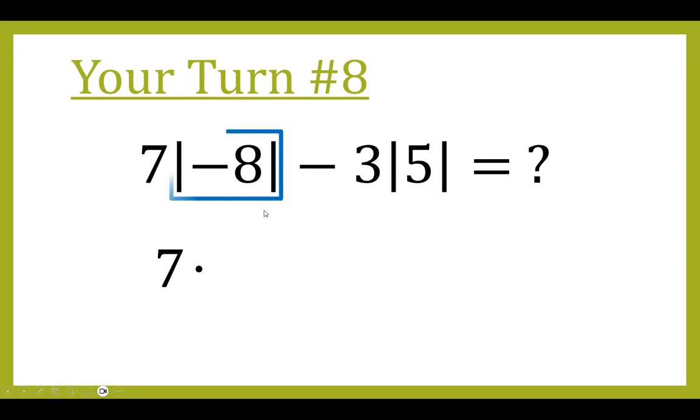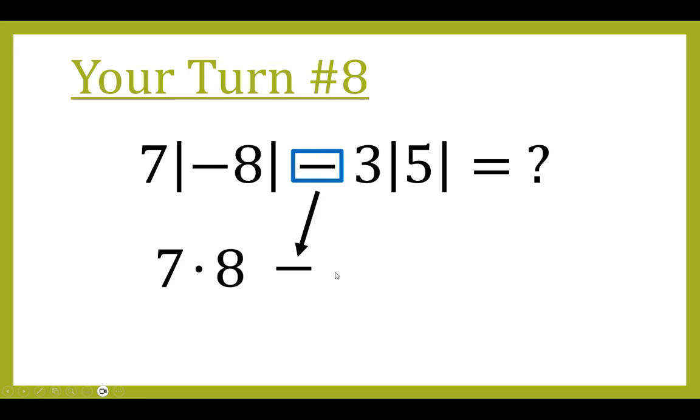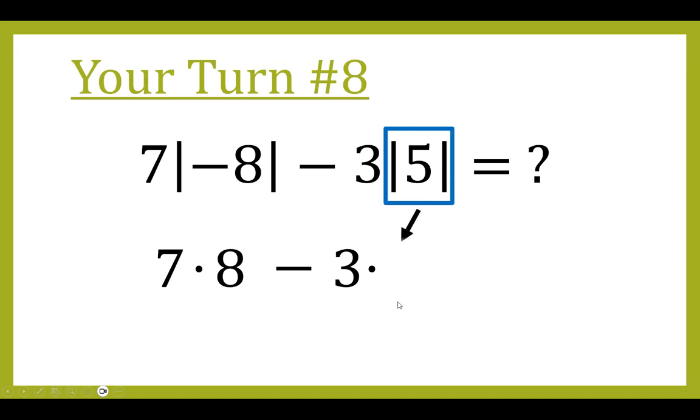So absolute value of -8, I know is positive 8. I'm going to bring down this minus. Okay, and then I am going to also bring down my 3. So this is 3 being multiplied by the absolute value of 5. So let's bring down that multiplication sign. And then here, absolute value of 5 will just give me 5.